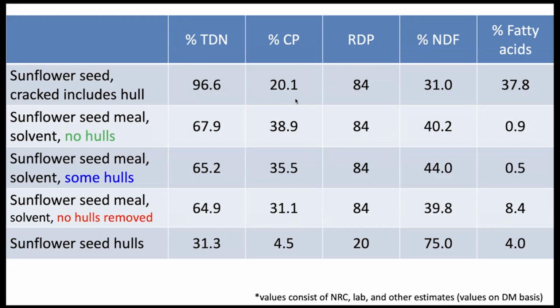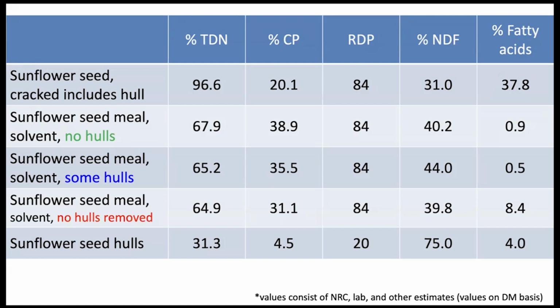About 20% protein, about 37.8% fatty acids. At that level of fatty acids, on what we call oil seed type sunflowers, you can take the little kernel out of the hull and squeeze that between your fingers and oil will come out. That's how much oil is in there.